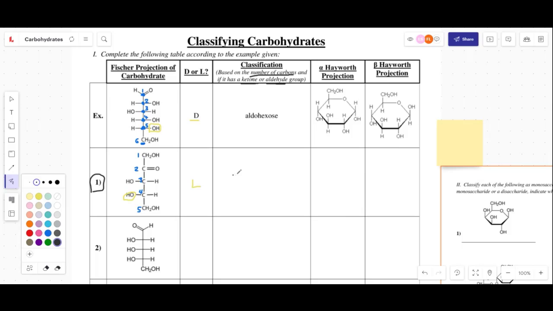It is a pentose, because it is a carbohydrate. And then you get the prefix that indicates what type of group, aldehyde or ketone. So this would be a ketopentose. Does that make sense? Yep.